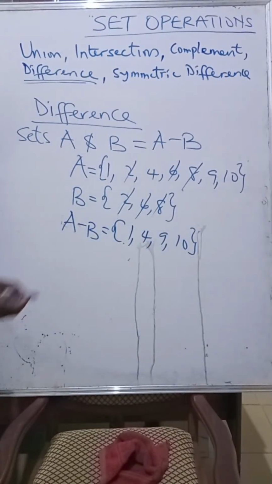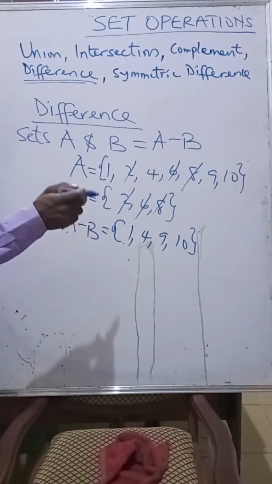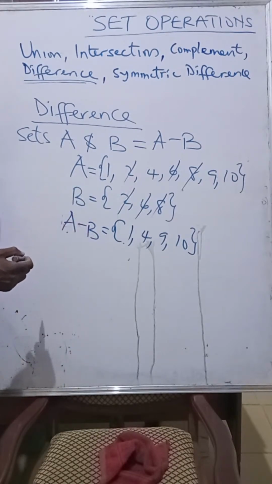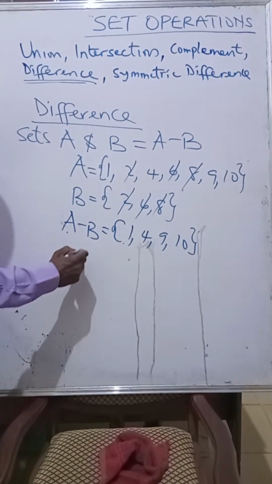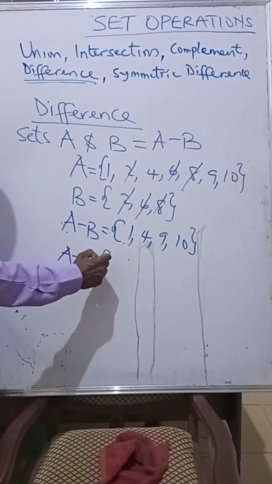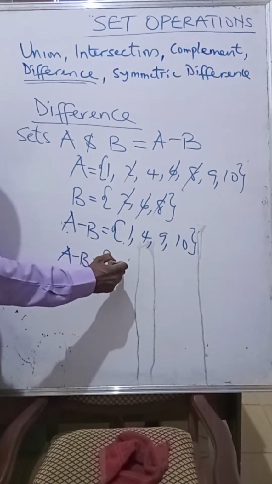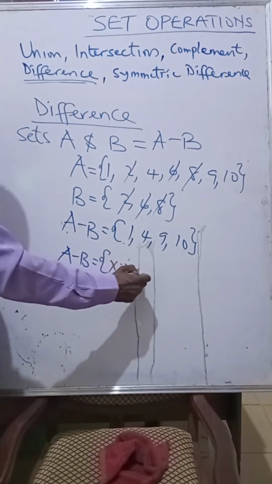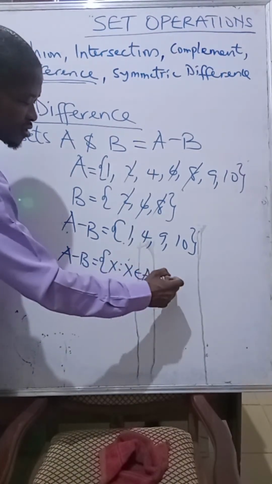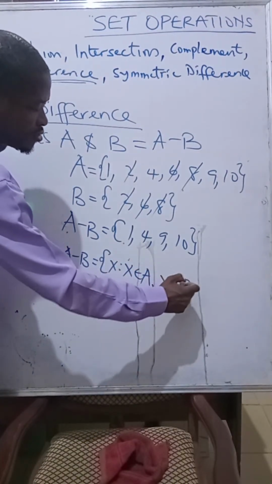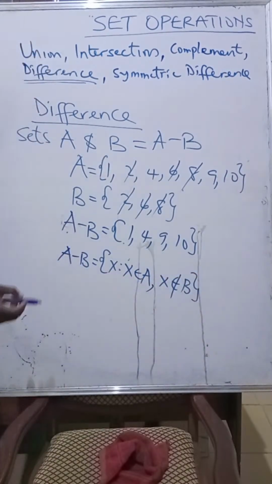And this implies that for A minus B, the notation is: the set of x such that x belongs to A but x does not belong to B. So that's that on the difference.